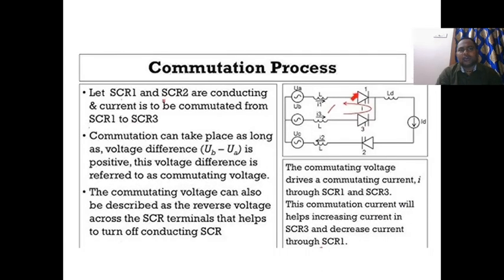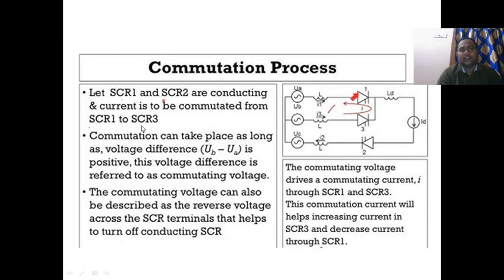Please see the commutation process. Here there are thyristors 1, 3, 2. 1 and 3 belong to the same category, the positive mode of operation. 2 is in the negative mode of operation. Let SCR1 and SCR2 be conducting and current is to be commutated from SCR1 to SCR3. Commutation can take place as long as the voltage difference VB minus VI is positive.